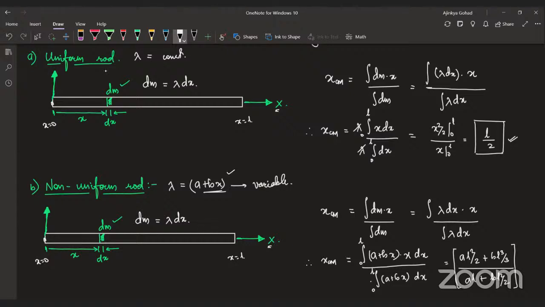Now, I could have something like ax square plus bx cube, or ln of ax upon b. So I can have any form of variation. But the major point is the process remains the same. So that is exactly how we will continue doing it.